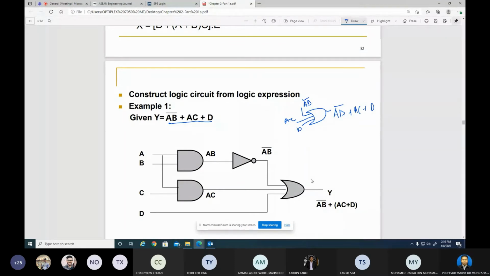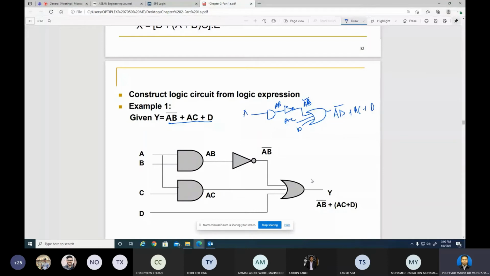Right. Okay, so next we go for the A B bar. That's why we have the inverter here. This one will be A B. Alright, A B, now we have the AND gate here.